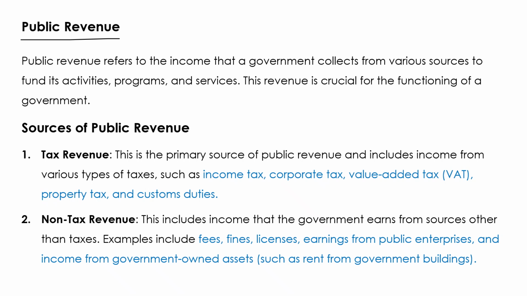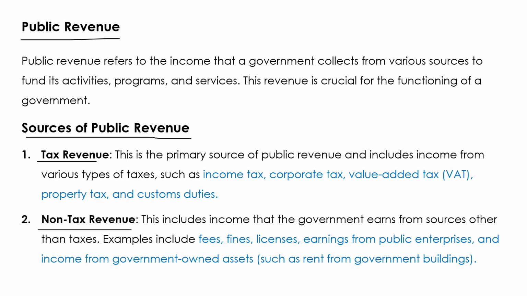And then next is, what are the sources of public revenue? One is tax revenue, another one is non-tax revenue. Tax revenue is very important for every government. That is the primary revenue source for every government, and includes income from various types of taxes. In tax revenue, different kinds of taxes are there.